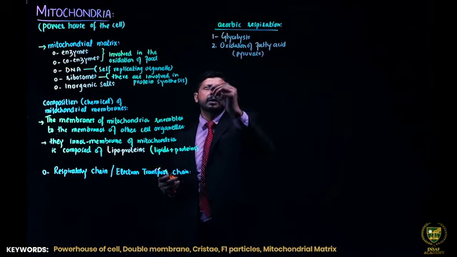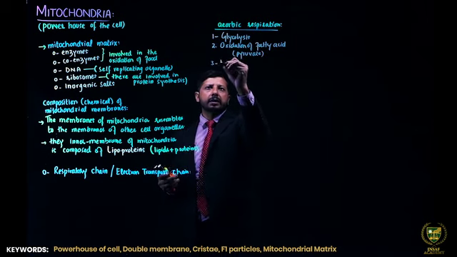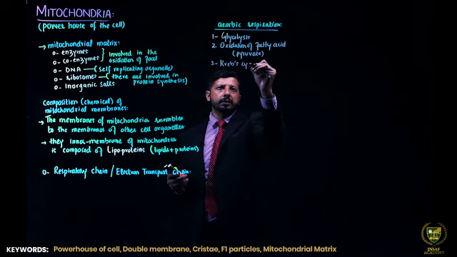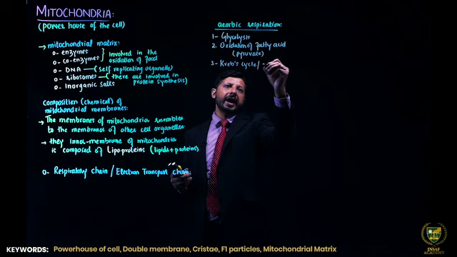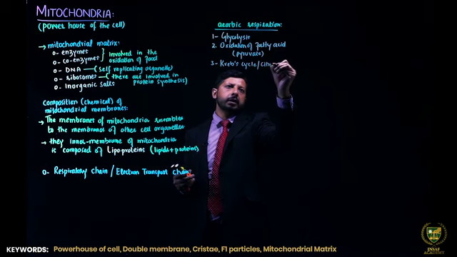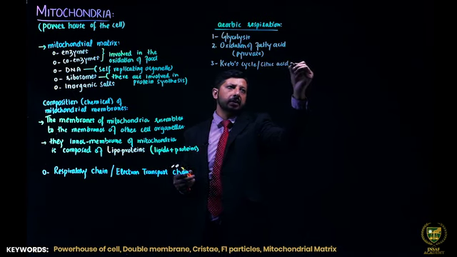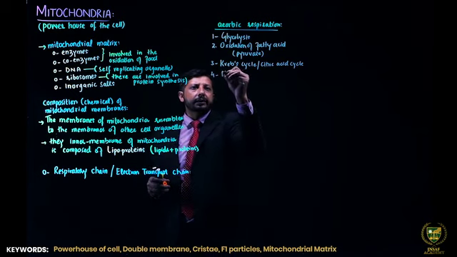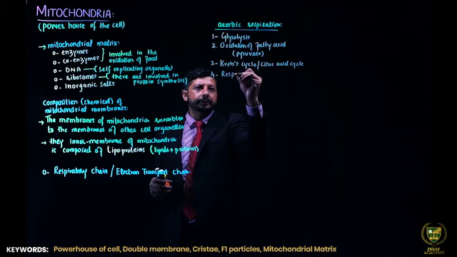The third step is Krebs cycle, which is also called the citric acid cycle. And the fourth step is the respiratory chain.